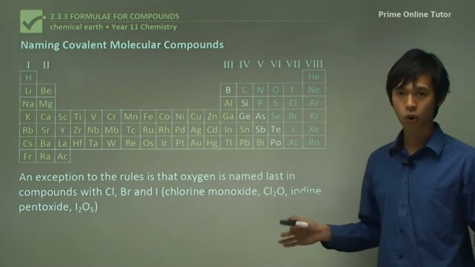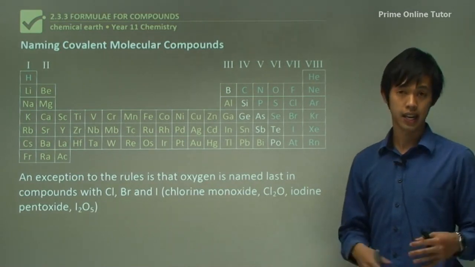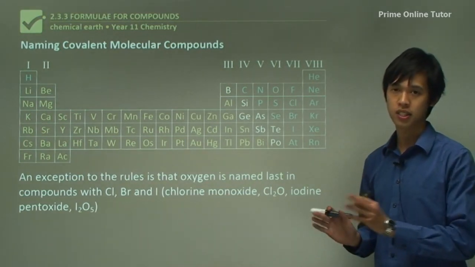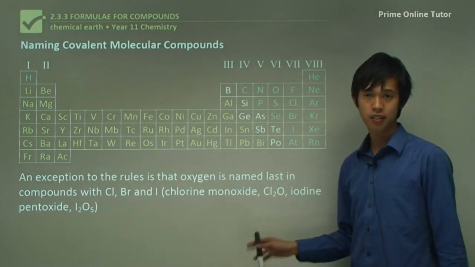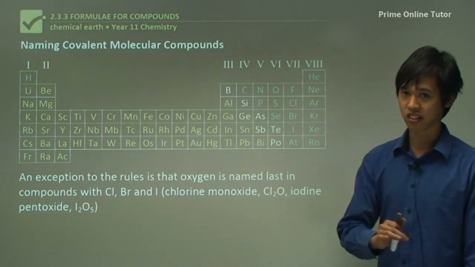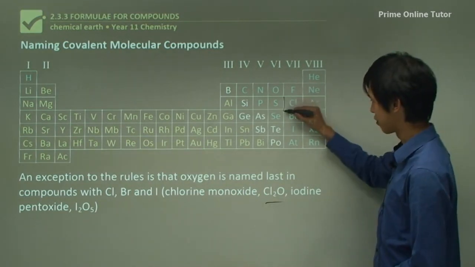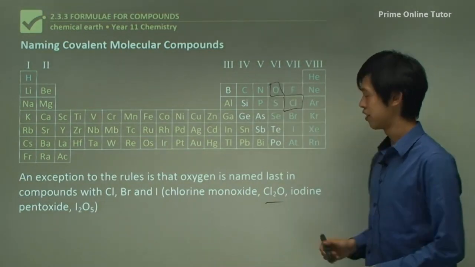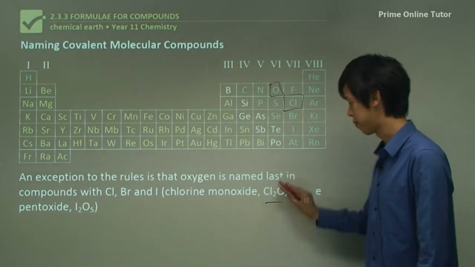So pretty much in all cases, oxygen will be last. Oxygen is always the last chemical you write. So this one is actually chlorine monoxide, not oxygen dichloride. Even though chlorine is further to the right than oxygen, this exception gives you a little bit of leeway there.